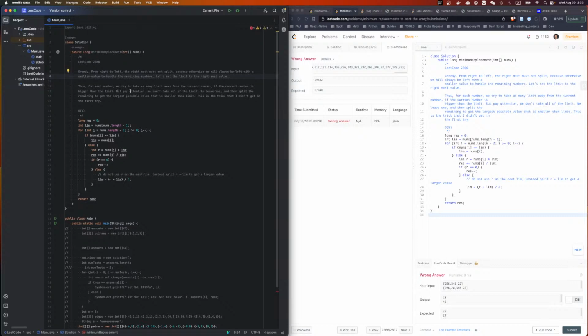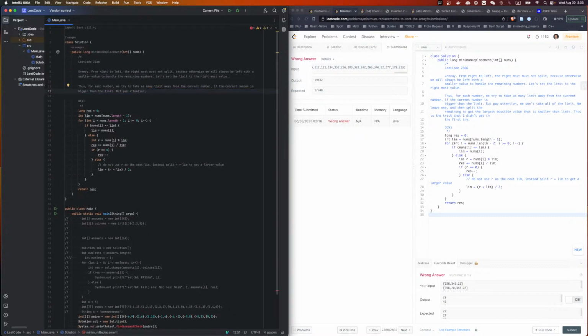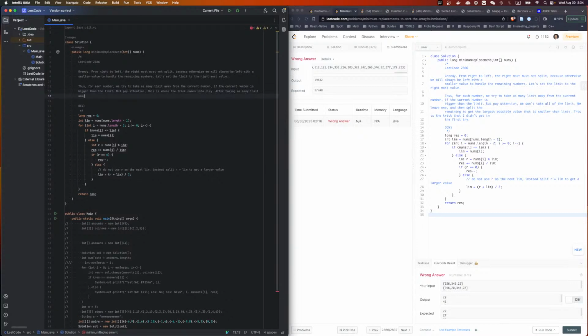Okay, let's try a new one. Pay attention. This is where the trick comes into play. The remainder, right? After taking away as many limits as possible, we are left with the remainder.